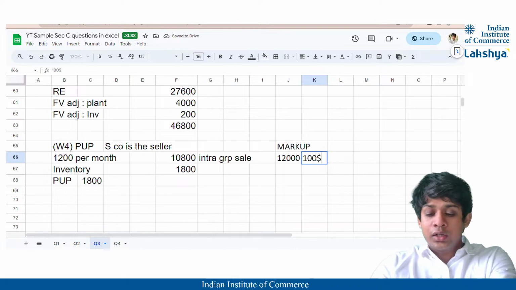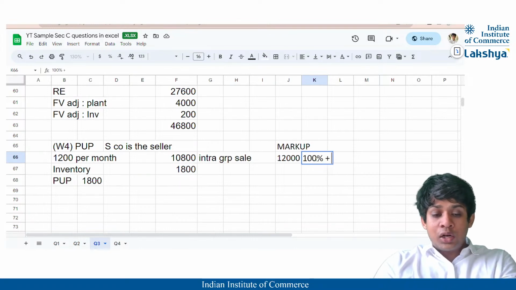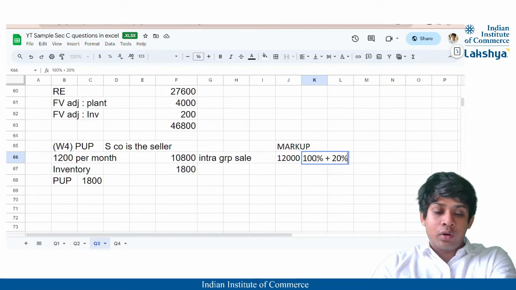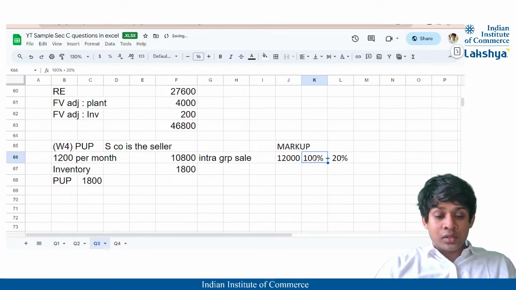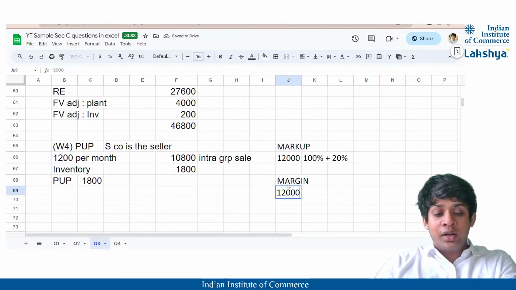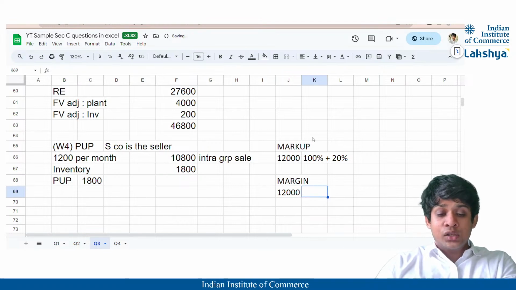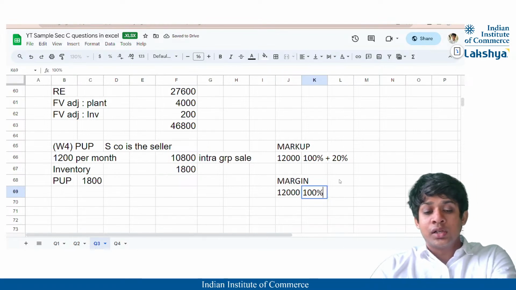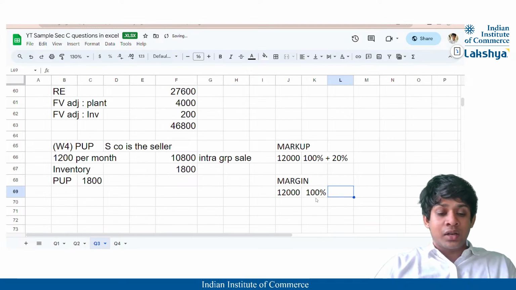Cost of 100% plus whatever is the profit. This is that whole amount, right? So this is complete 120%, right? And if they've stated margin, and they've stated 12,000 including a margin of 20%, then this is not 120%, this is just 100%, and on this you will calculate the margin.